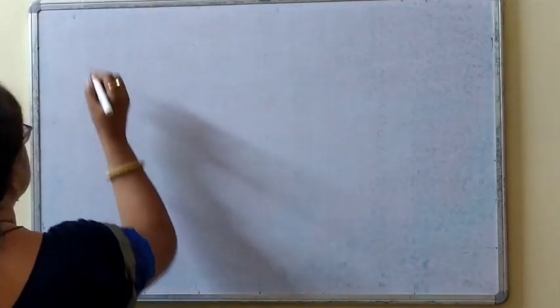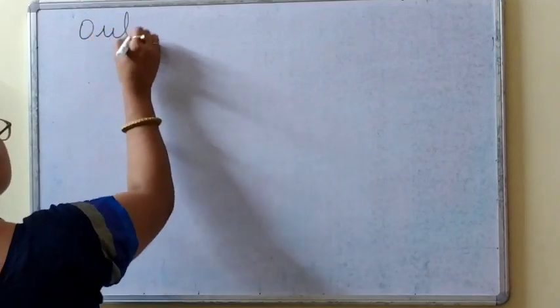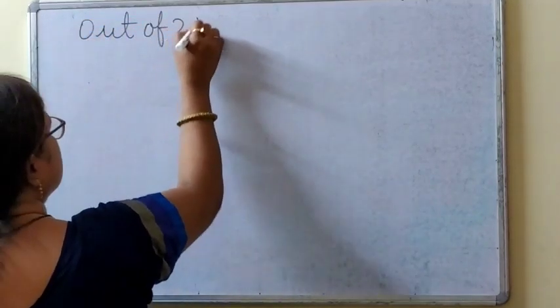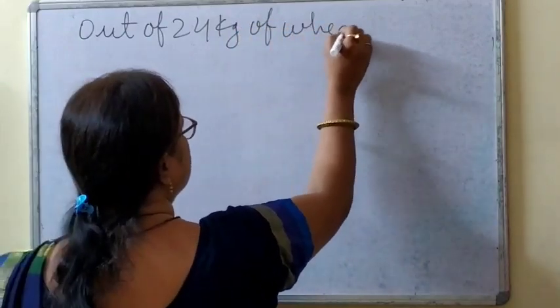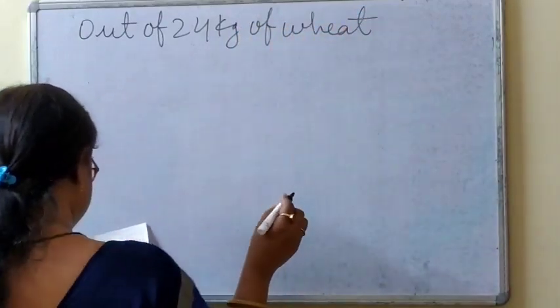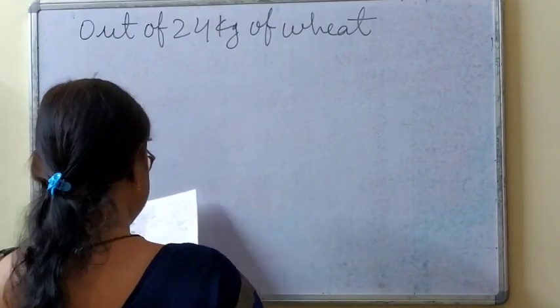Now next, out of 24 kg of wheat, 5 by 6 of the wheat is consumed.